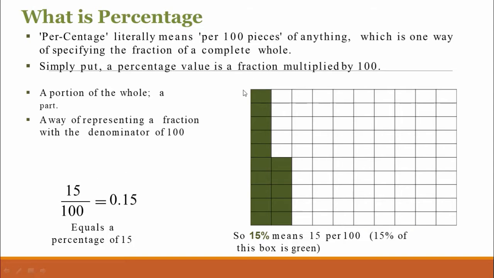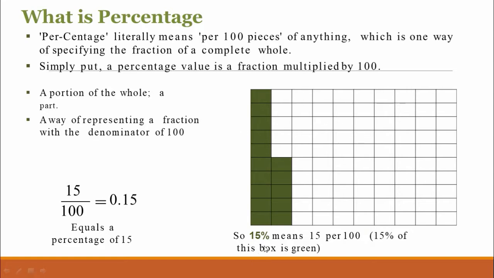So dear students, in this figure you see 10 boxes in a row and 10 rows. So 10 multiplied by 10, there are 100 square boxes in this shape.